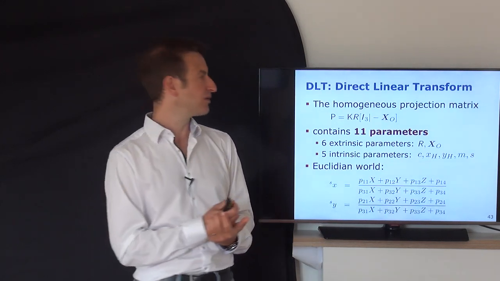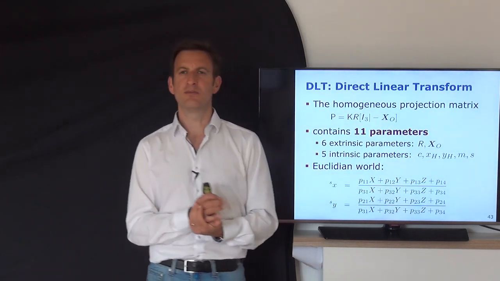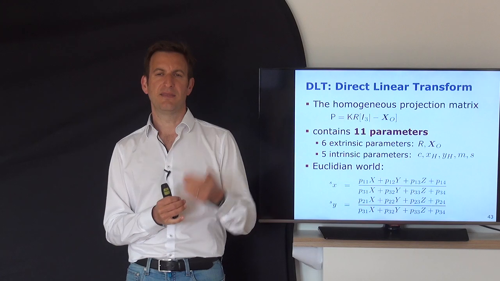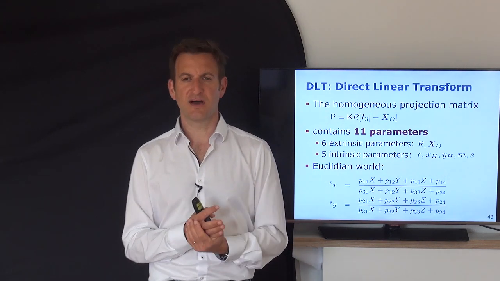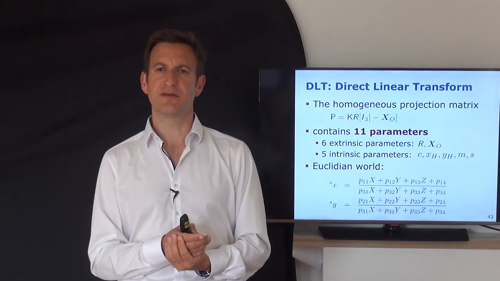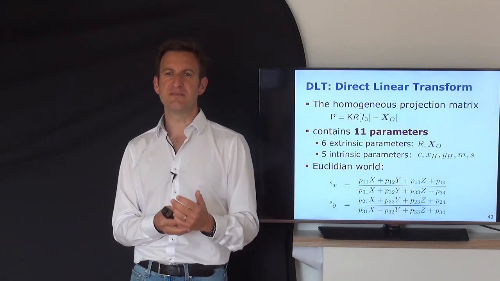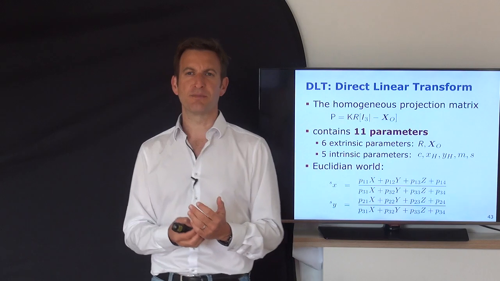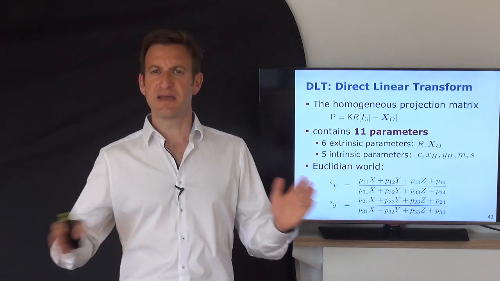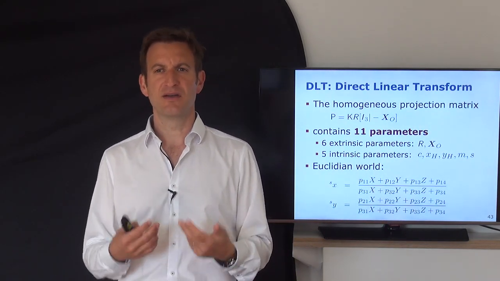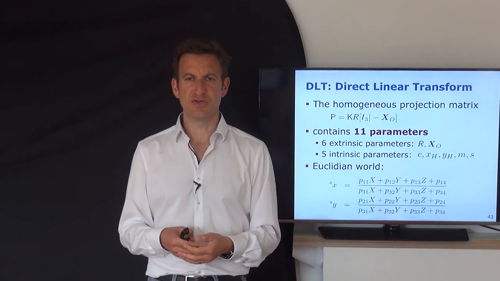It comes together because this matrix P is a homogeneous matrix, and homogeneous entities are defined only up to a scaling factor. This means the last degree of freedom is taken through the homogeneous property that I can basically scale this matrix up and down and it is still the same transformation matrix in the homogeneous world.